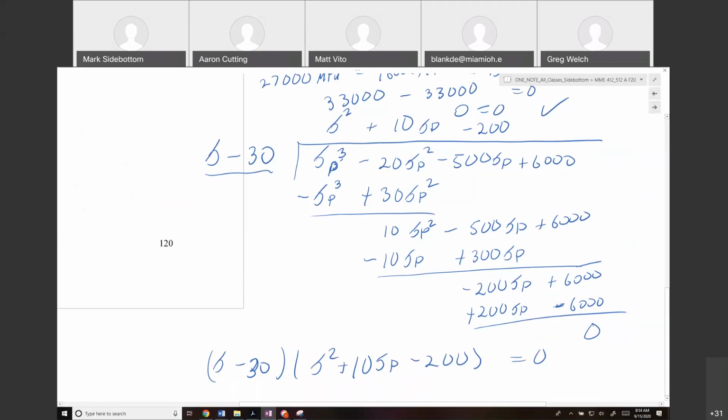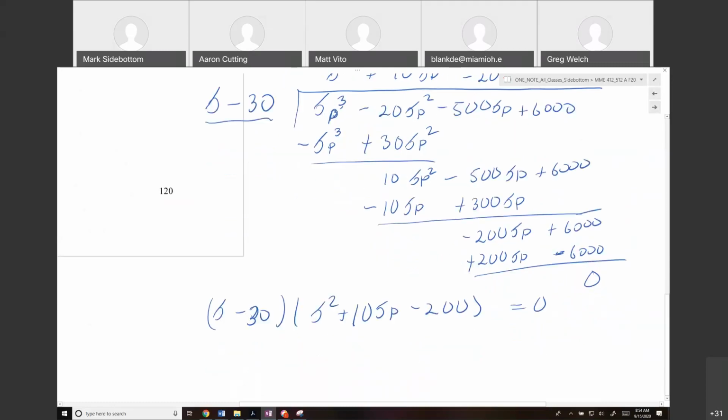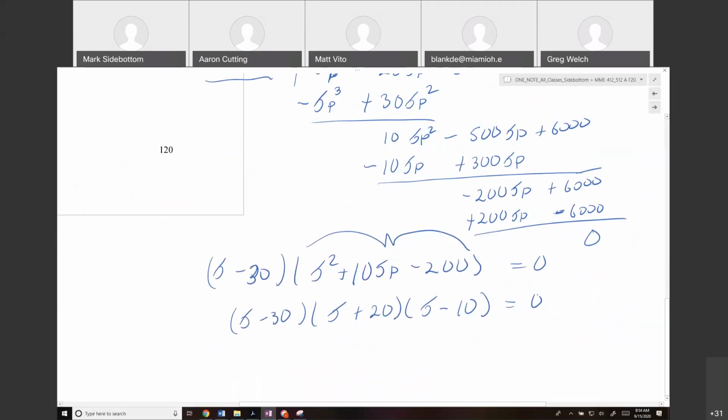Okay, and then it's pretty easy to factor this out: sigma minus 30, and the second polynomial would be equal to sigma plus 20, and then sigma minus 10, equal to 0. So if we looked at each of these equations separately, we get our 3 principal stresses.